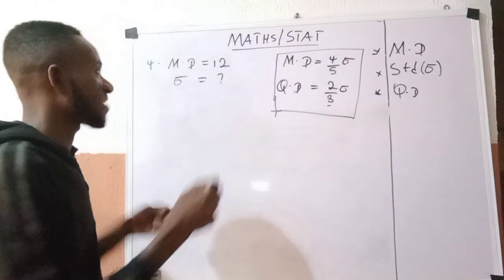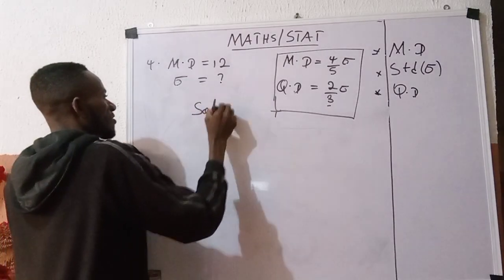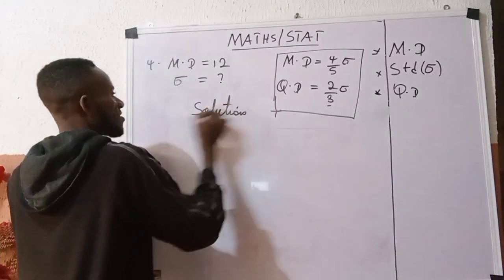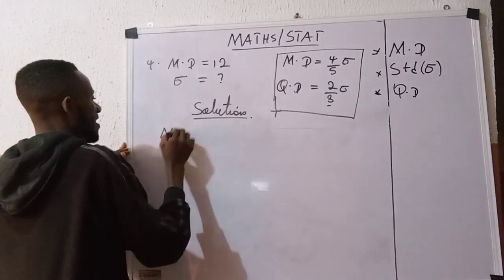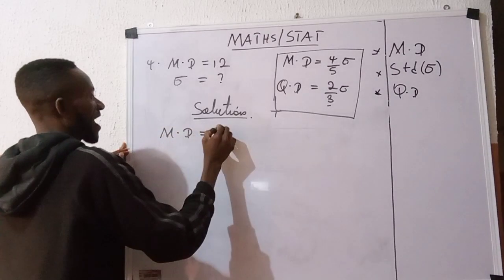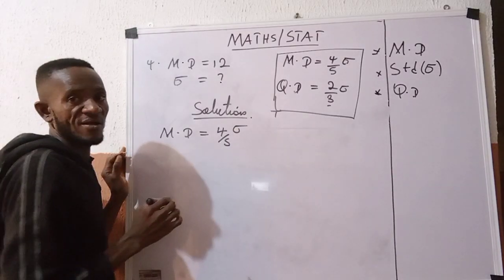As a way of solving it, I'll write solution. Then what I have is that my M.D. equals 4 over 5 sigma.